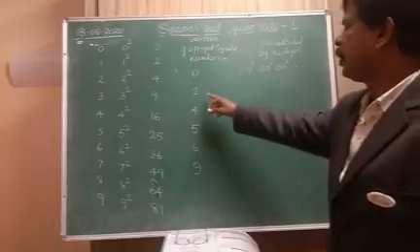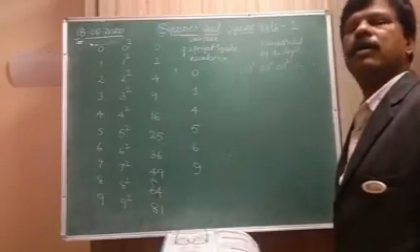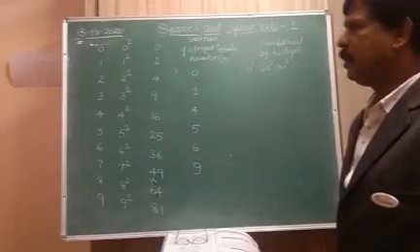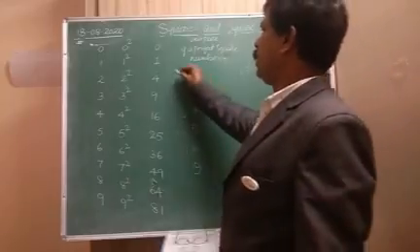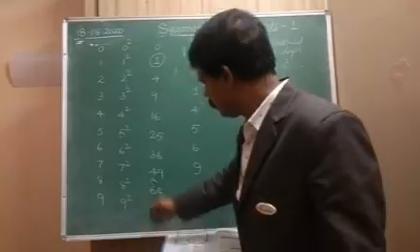Now, if you want 1 as the unit place digit, look at this: here is 1, here is 1 and here is 1.